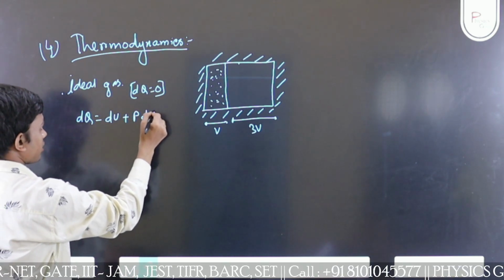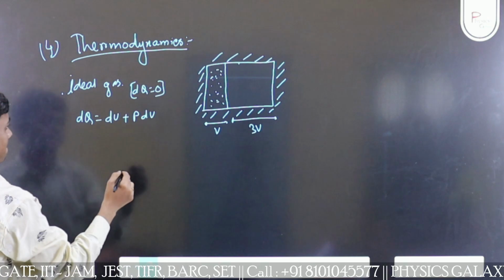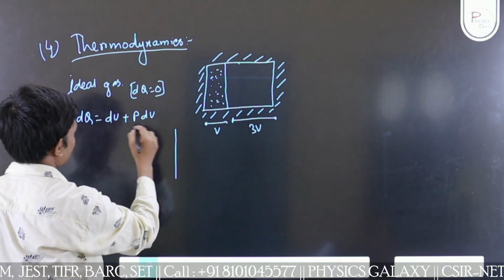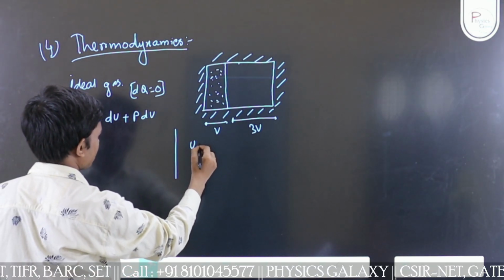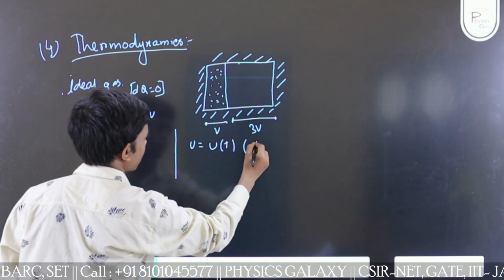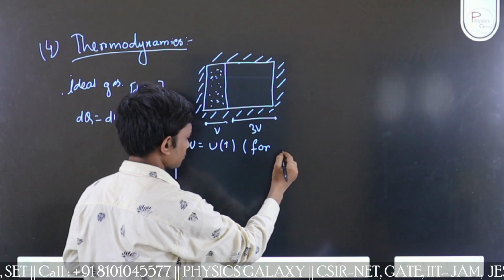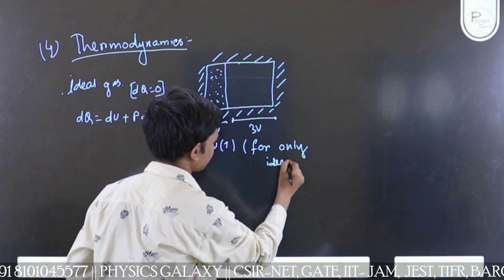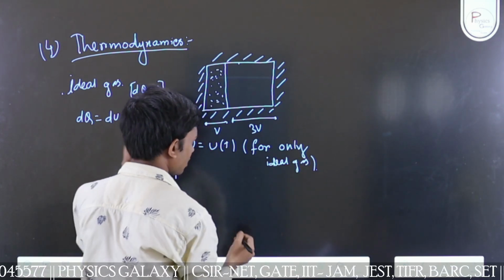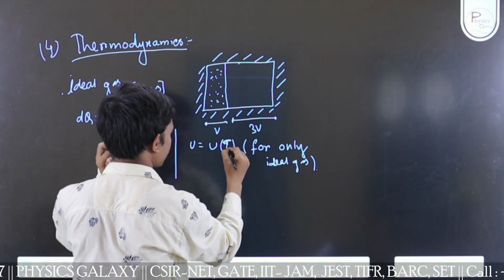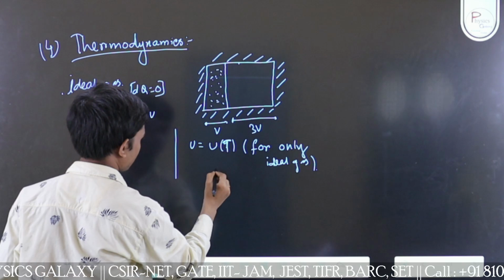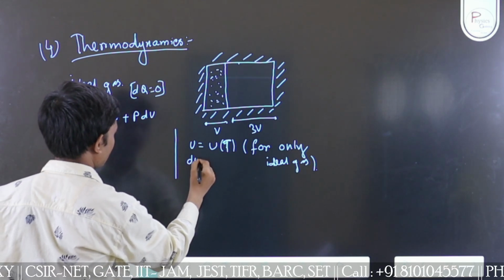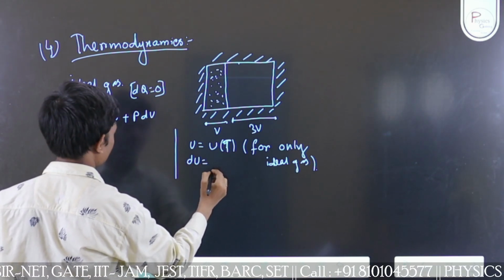From the first law of thermodynamics, as dq is not changed from the outside region, and as U is a function of only T for an ideal gas, T does not change, which means dT is 0.